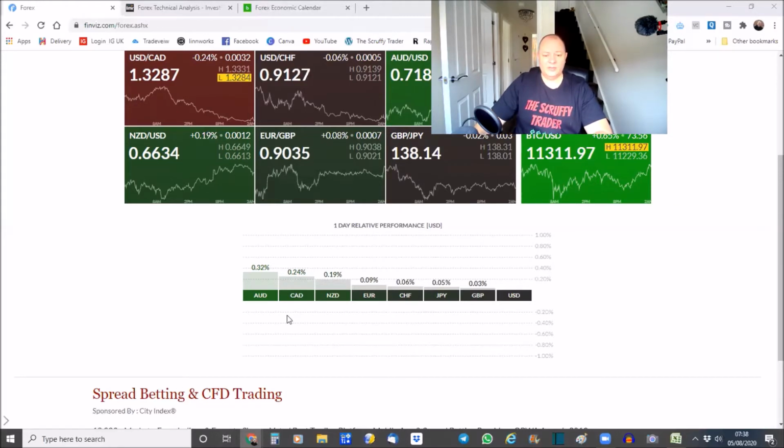So that's the first area I've been looking at. I'm going to pay close attention to the Aussie, but I'm actually going to pay a lot of attention to the dollar today, because for all it's the weakest, what it's telling me is there's going to be movement around that currency, and likewise with this. So the CAD and the US are pretty good contenders to have a look at today.